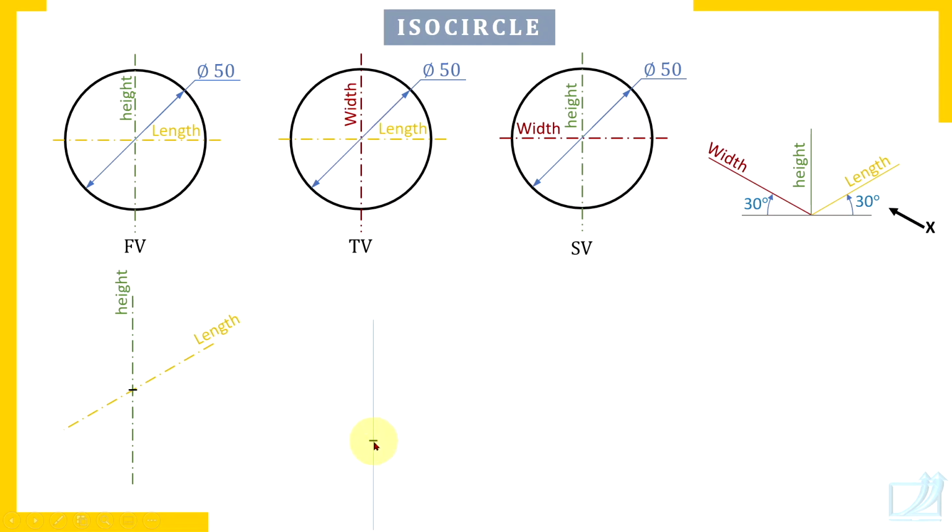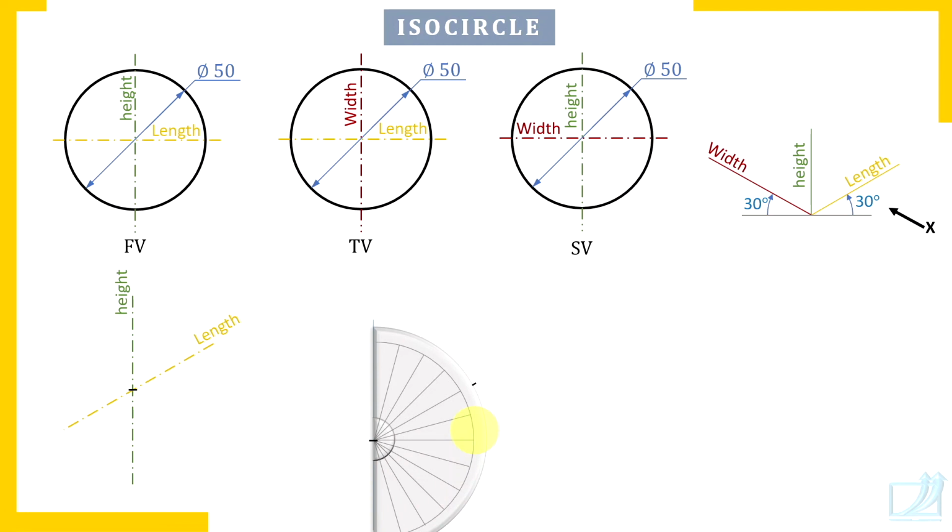Now through this point there must be the length axis and the width axis. Check here. Length axis in isometric view is at an angle of 30 degrees with the horizontal reference line, and the width axis also is at an angle of 30 degrees, but it is left side upwards. In this orientation you are going to draw, and the length axis right side upwards, in that orientation you are going to draw.